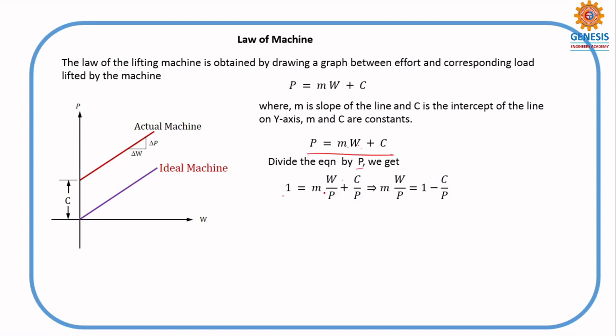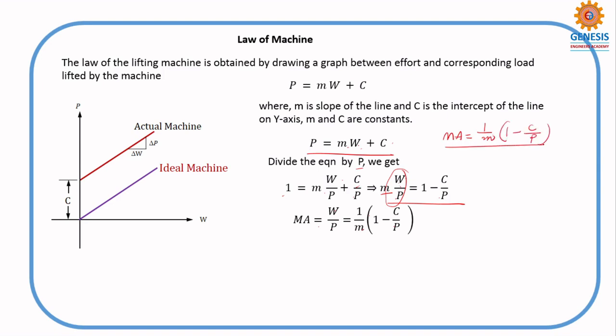If I bring that to the other side, m into W by P, so this is mechanical advantage. Now mechanical advantage W by P is equal to 1 by m, minus C by mP. So if you understand this, mechanical advantage is equal to 1 by m. I wanted to explain this for those who want to have more knowledge.